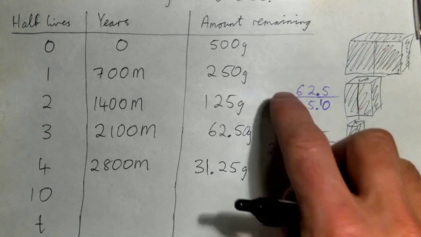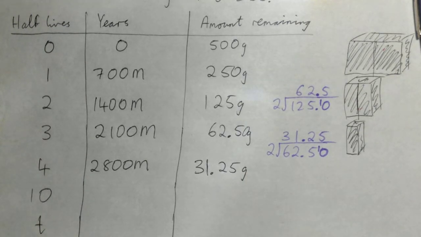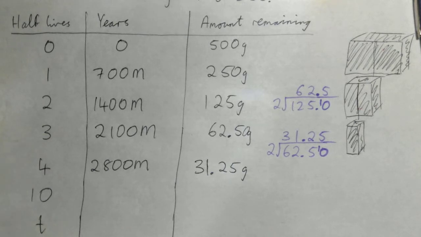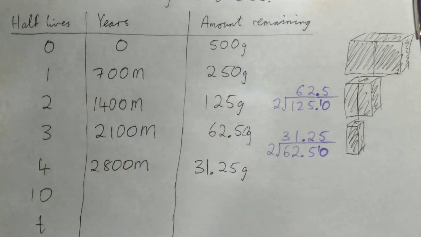So that'll answer that part of the question anyway, right? But the question is, if we're given an arbitrary number of half-lives like 10 or t, how can we just get the answer without going step by step? Like, how do we just come up with a formula, right? So let's think about that.